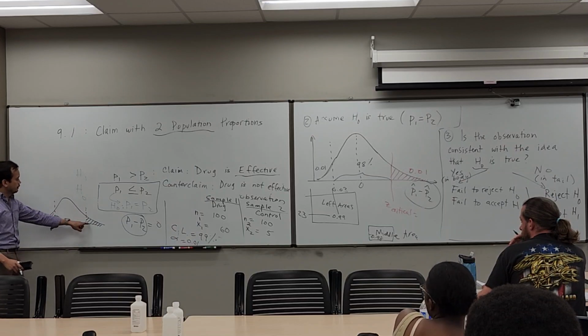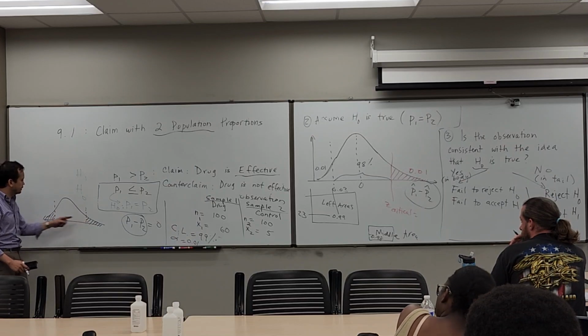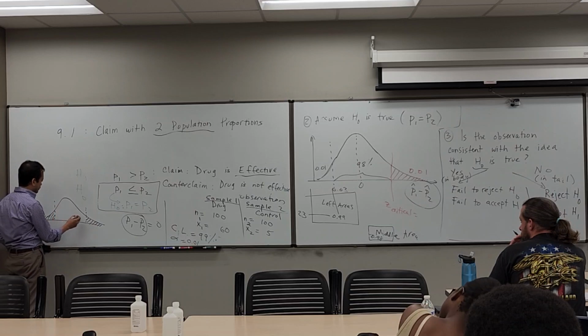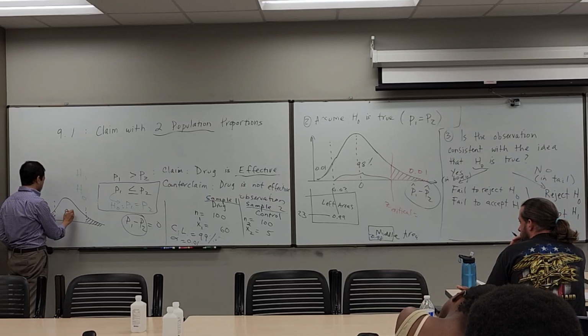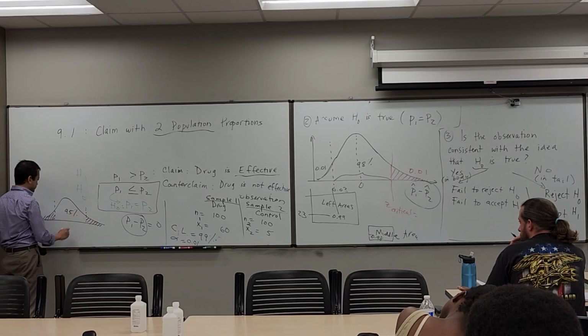Let's say you have this middle area as 95%, and you're trying to find this right boundary here.